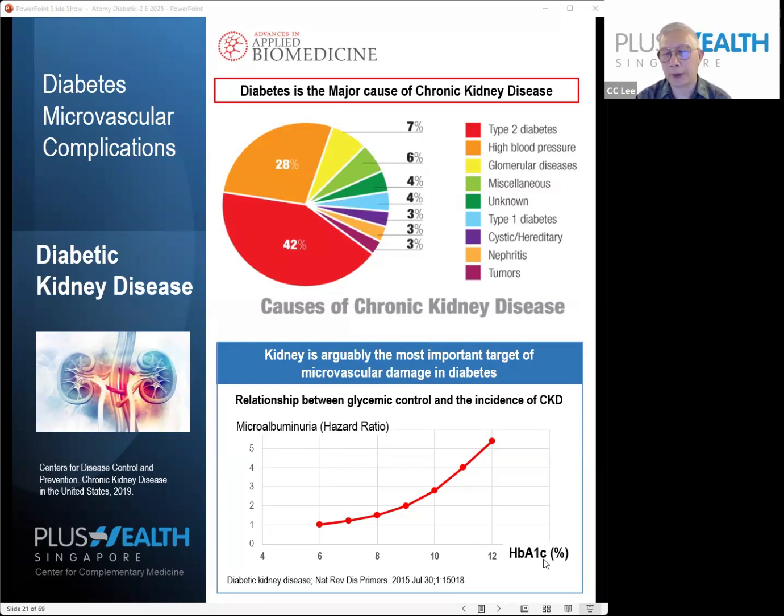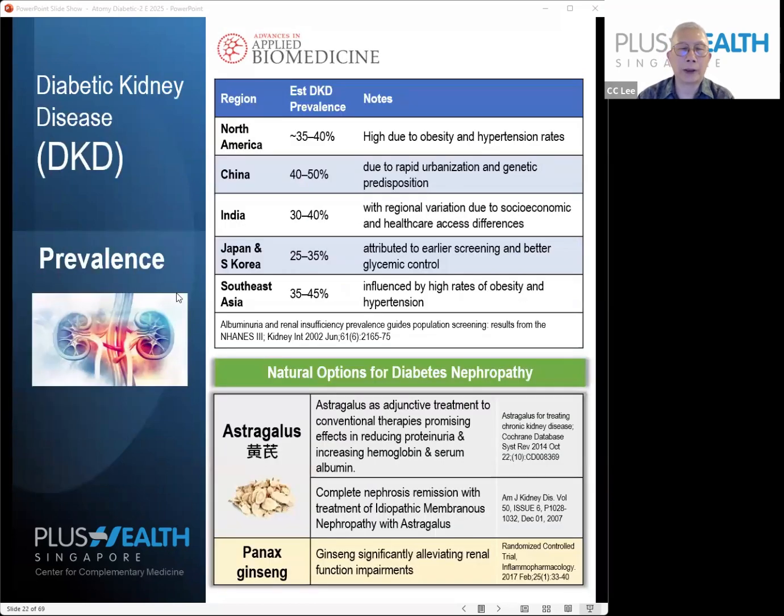So as your HbA1c progresses, the hazard ratio for suffering from the microalbumin condition goes up very much more quickly. You can see that the hazard ratio goes up very much higher as your HbA1c progresses higher.